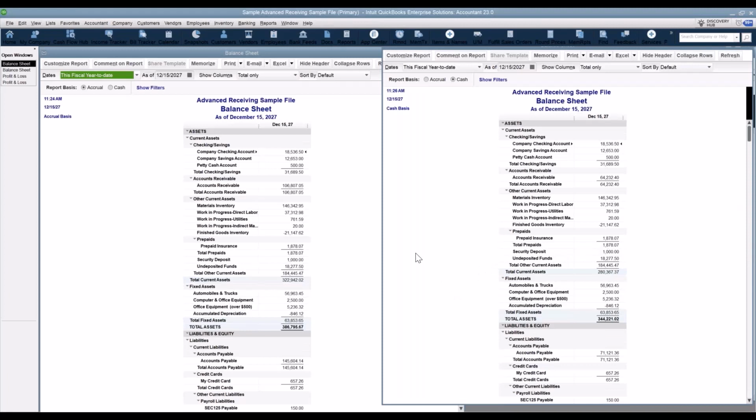Looking at prepaid insurance, in this particular scenario they match, but it may be just timing in this sample file. If I were using the prepaid insurance, say I pay for the year for our building insurance, I need to expense that out on the accrual side monthly.